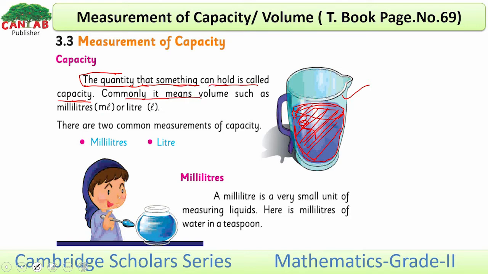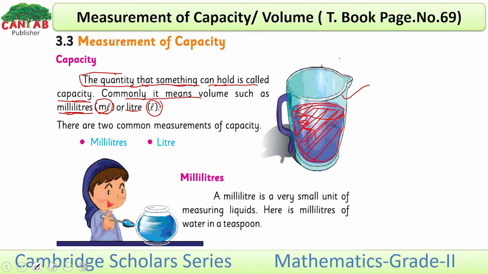Commonly, it means volume such as milliliter, ml. ml is the abbreviation of milliliter, and liter, L is the abbreviation of liter. So, remember, the capacity is a quantity that something can hold.